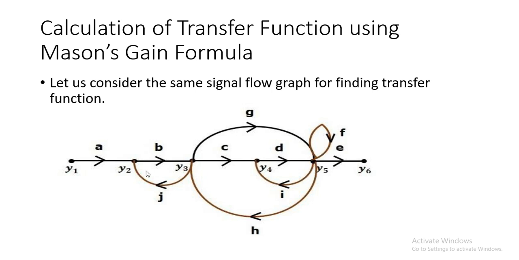Again I am repeating: the first loop is y2, y3, y2, then the second loop y3, y5, y3, then the third loop y3, y4, y5, and y3, then the fourth loop y4, y5, y4, and the last loop is y5 to y5. So there is no other combination.